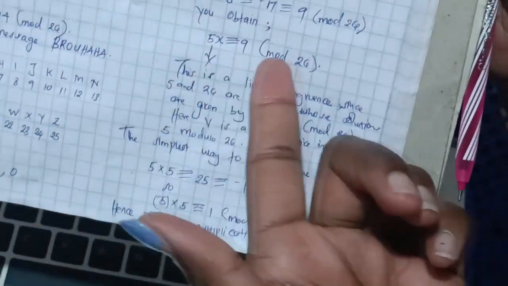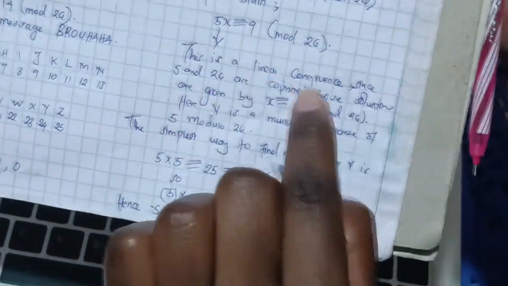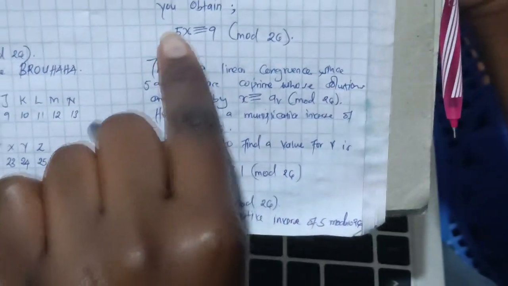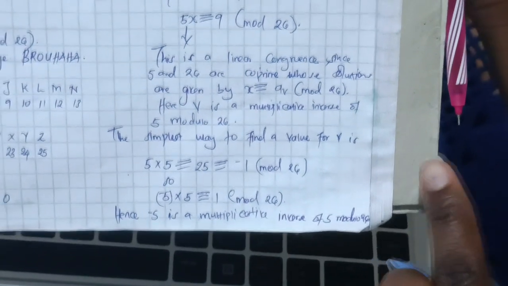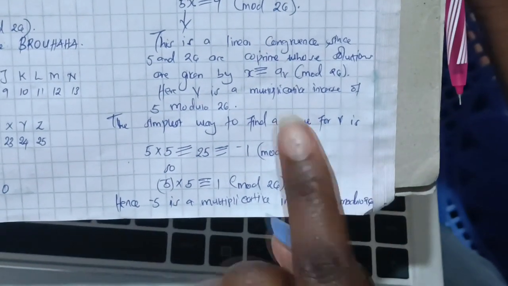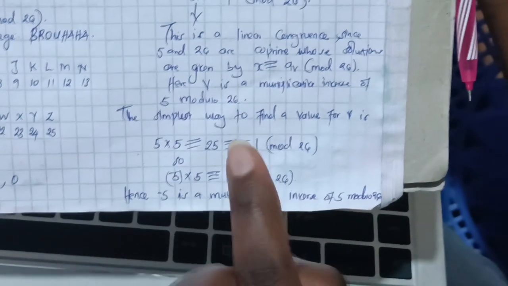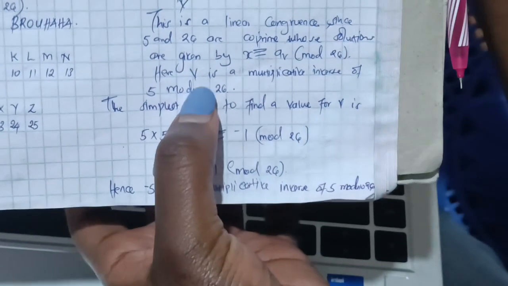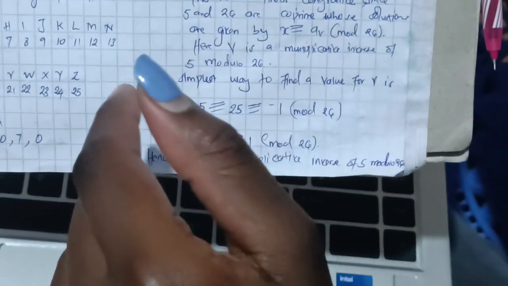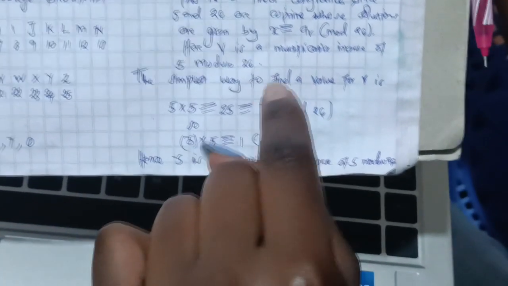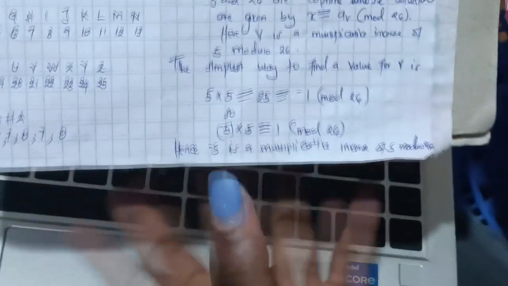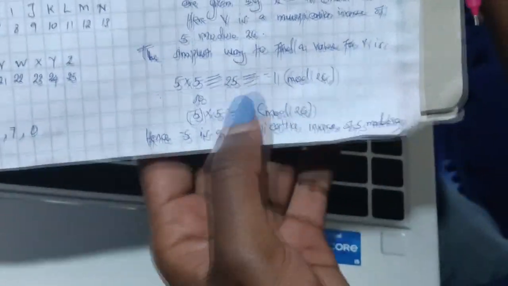You realize this equation is a linear congruence that we had encountered before. Since 5 and 26 are coprime, the solution is x congruent to 9v modulo 26, where v is the multiplicative inverse of 5 modulo 26, like we had encountered before in the linear congruence.